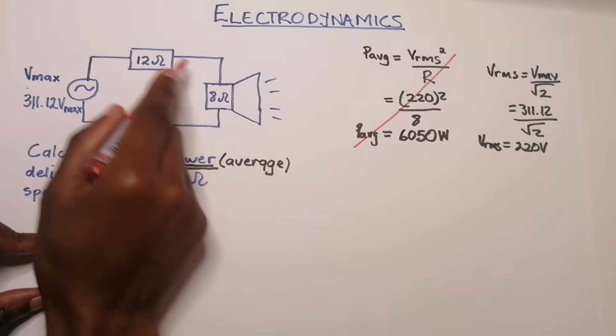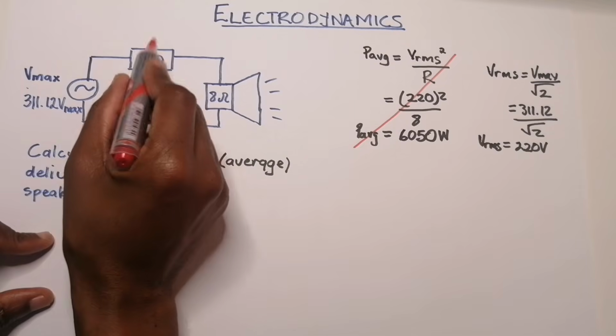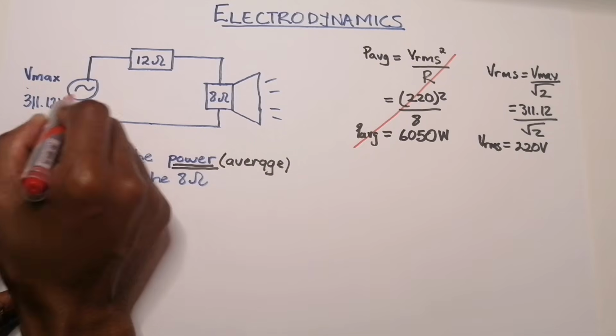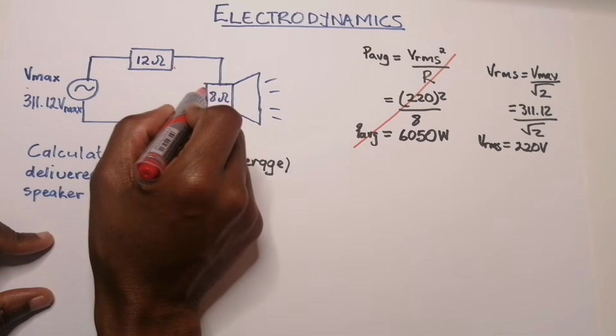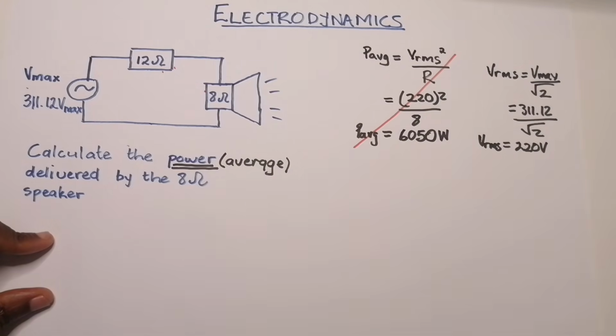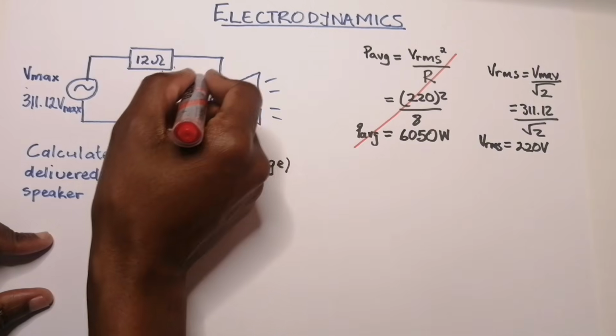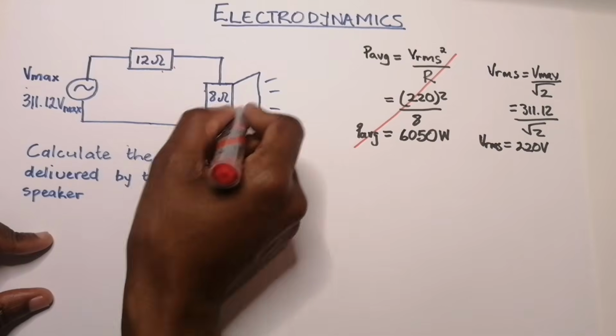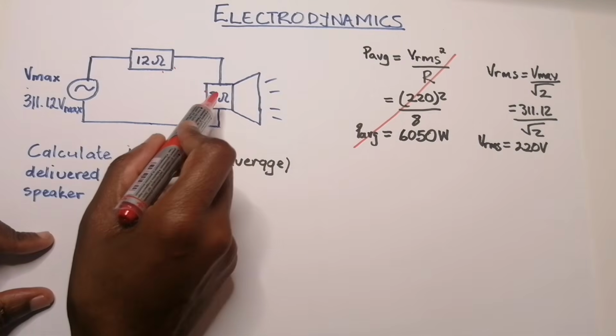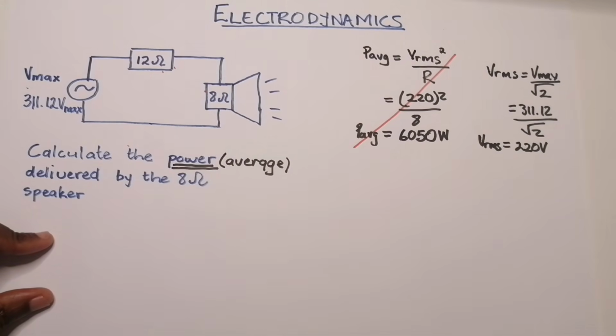If they're connected in series, the voltage provided will be divided across the two devices. So now let's find out specifically what the voltage is across the 8 ohm resistor.